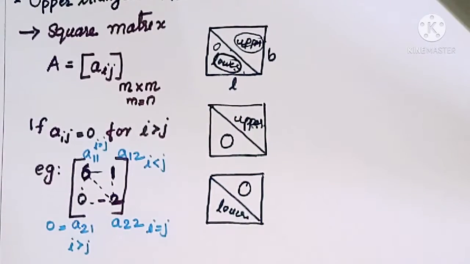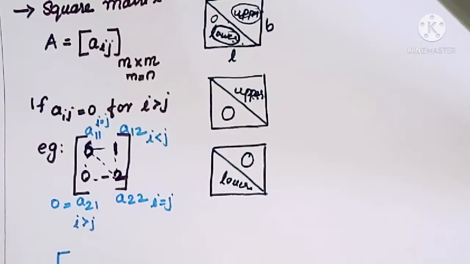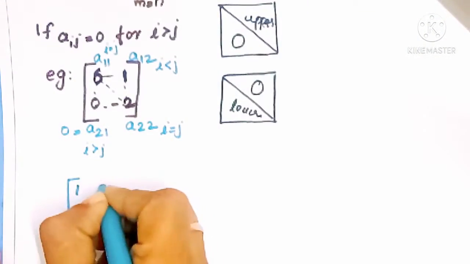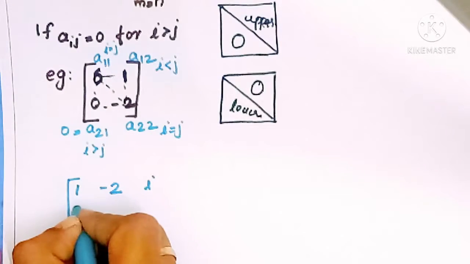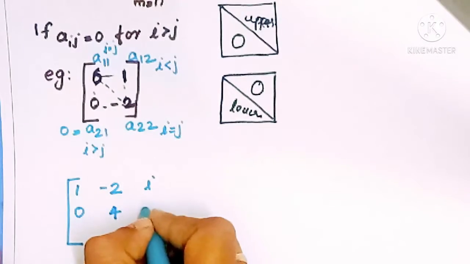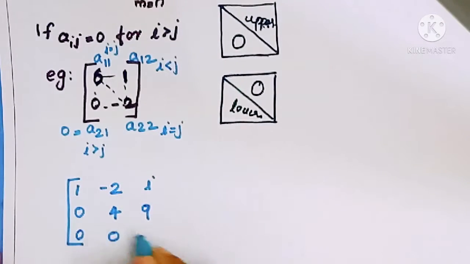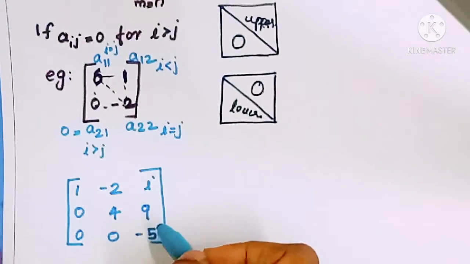Also we can take another example. We can write a 3 by 3 matrix: 1, minus 2, i; 0, 4, 9; 0, 0, and minus 5. This is also an example of an upper triangular matrix.